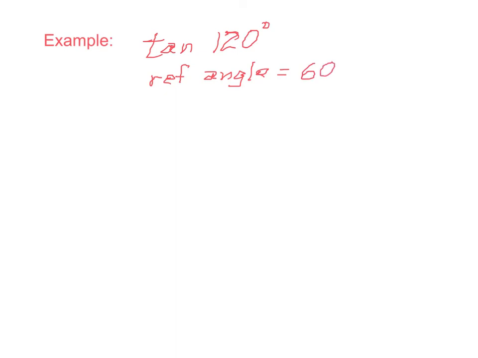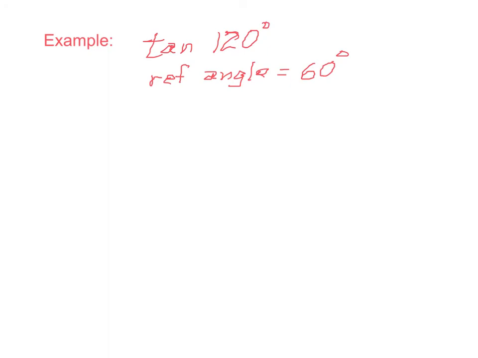Now, we are in the second quadrant. So is tangent positive or negative in the second quadrant? If you remember how we discussed it previously, the tangent in the second quadrant is negative.